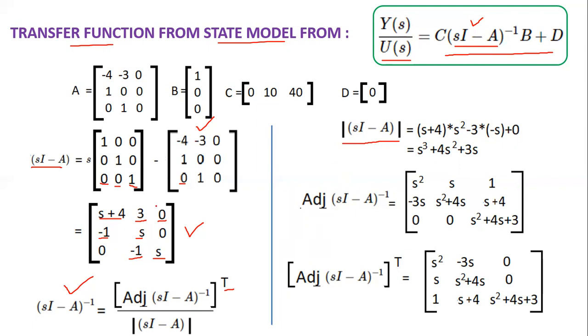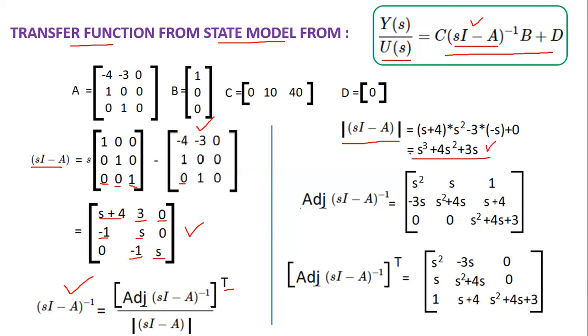And next plus 0 into anything will be 0. So this is the equation. If we simplify this equation, we are getting s cube plus 4s square plus 3s. This is the determinant value of sI minus A.